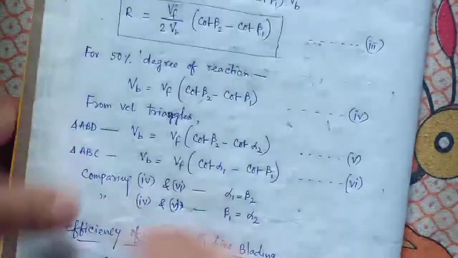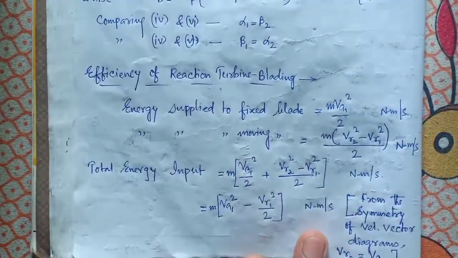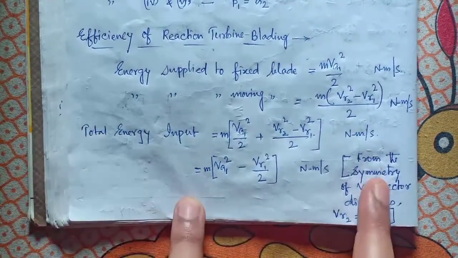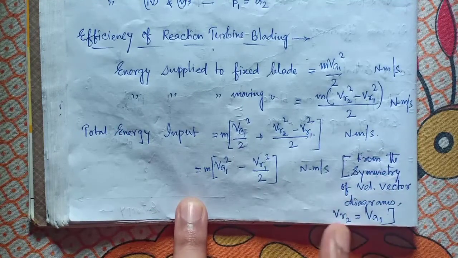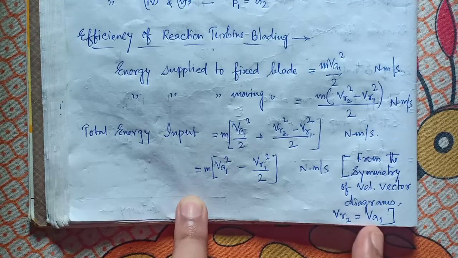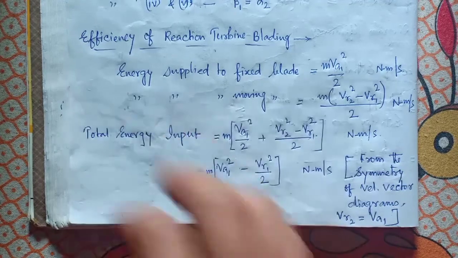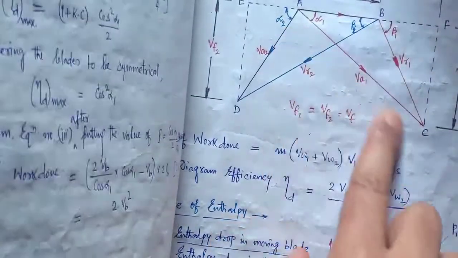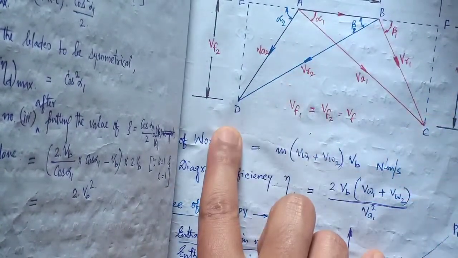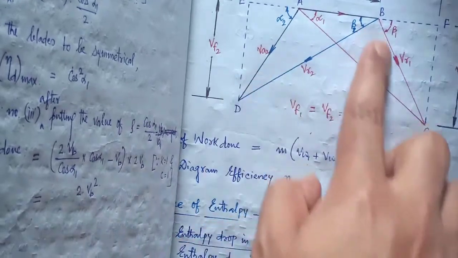Due to the symmetry of the velocity vector diagrams, the relative velocity at leaving is equal to the absolute velocity at entering. That means VA1 is equal to VR2, and similarly VR1 and VA2.